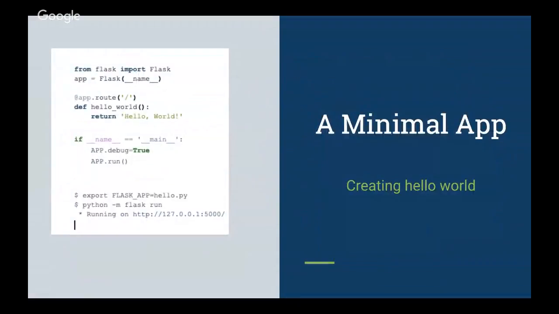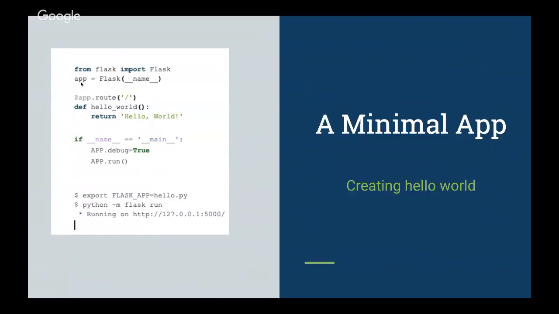So just to explain how easy and great Flask is, I wanted to show a simple Hello World app. Basically, this is all you would need on your Python page, your Python script. You would just need to import Flask.